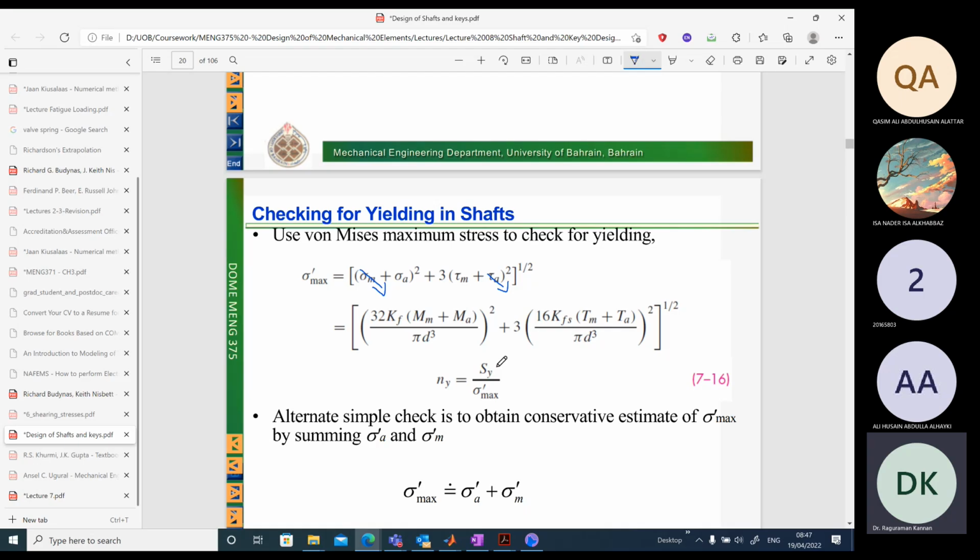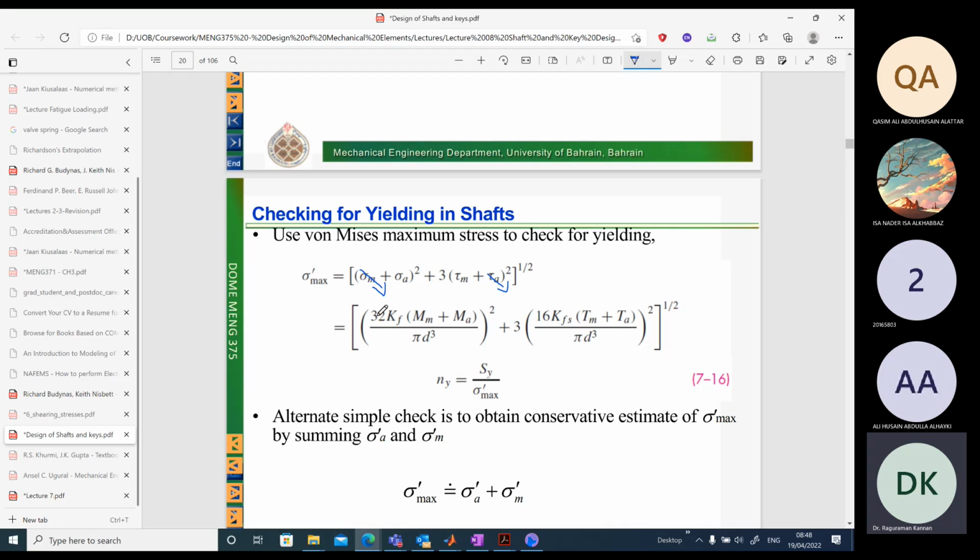Again, last class we learned that in shafts, whatever load we apply, usually the bending moment load is completely reversed, and therefore the mean stress will be 0. And in the case of the torque, we usually have a steady torque, which means we will have mean shear stress and the amplitude of shear stress will be 0.